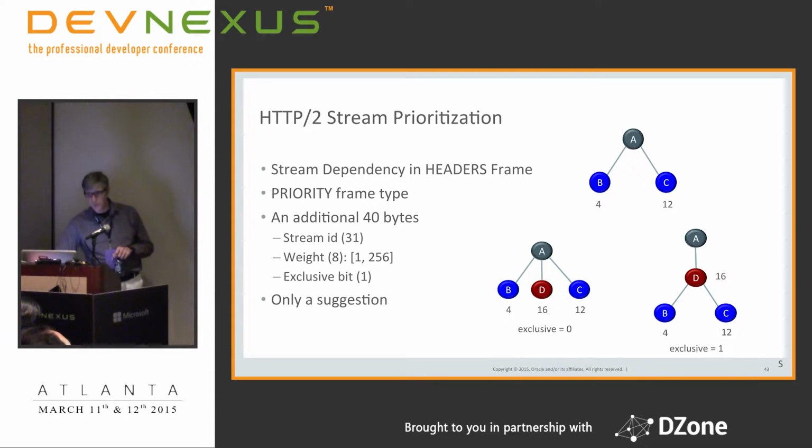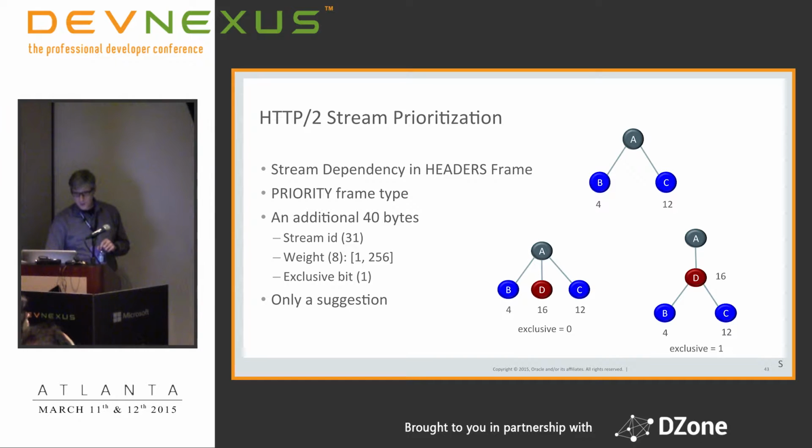It provides an additional 40 bits, including the stream ID, the weight of the priority, 1 through 256, because 8 bits, of course, and an exclusive bit. And I'll talk about that. Now, I say only a suggestion because the browser is free to ignore what the server says as far as priority goes. It's only advice.